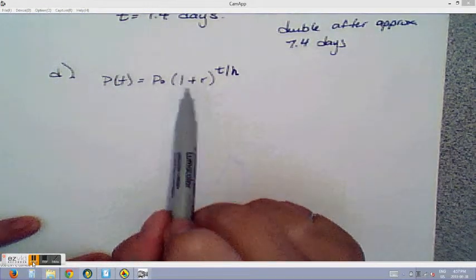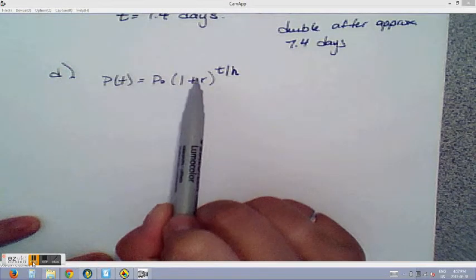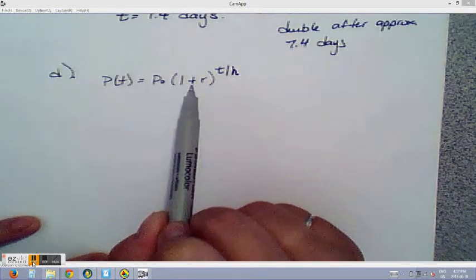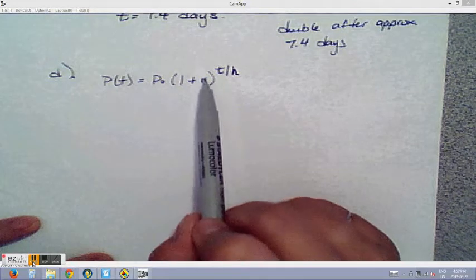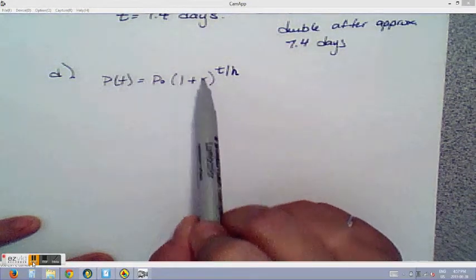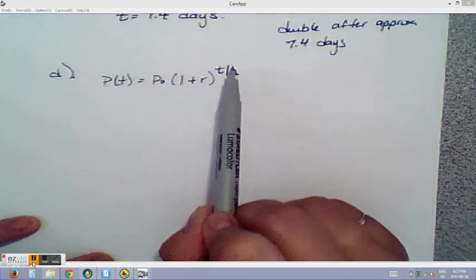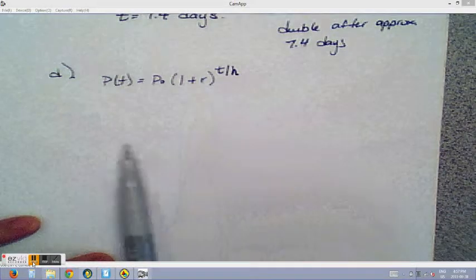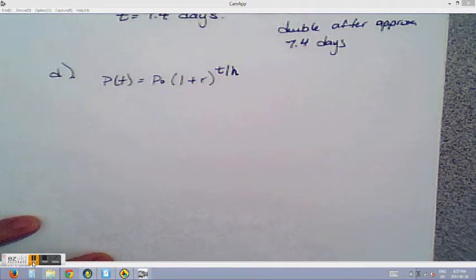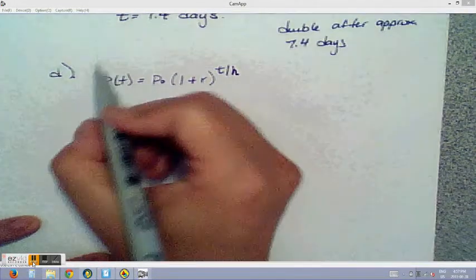So if this was, say for instance, the factor a third, 1/3, it reduces every cycle, it will reduce to a third, then this is the time that it takes for it to go through one cycle. And of course, P naught is just the original population or size that you started with.